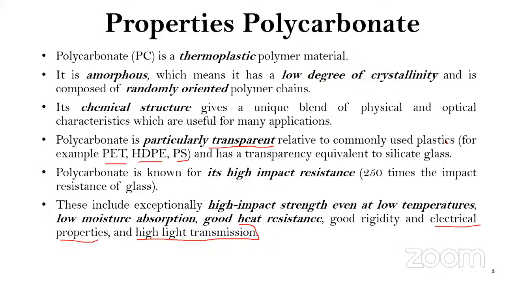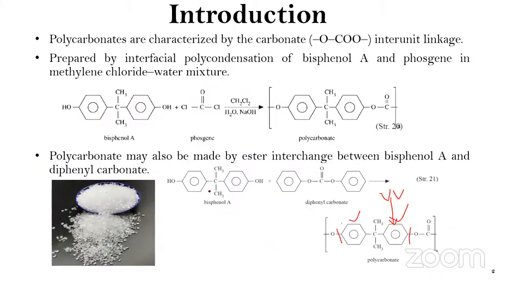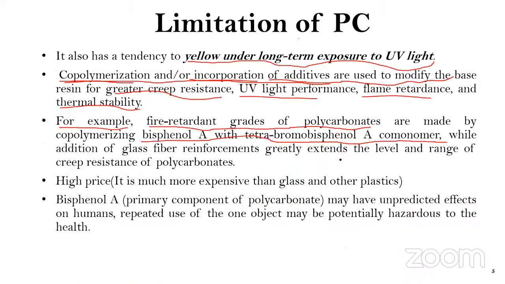It means we will add this bisphenol A, and here we will add this monomer that is known as tetrabromobisphenol A. This bisphenol A and tetrabromobisphenol A will give you the polycarbonate. That polycarbonate is a highly flame retardant grade of polycarbonate.